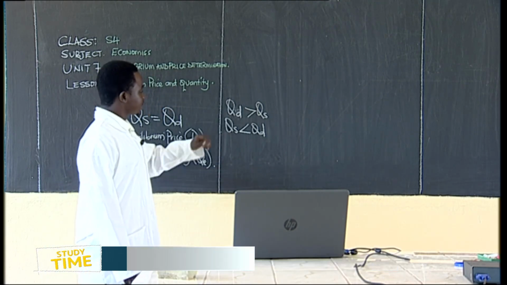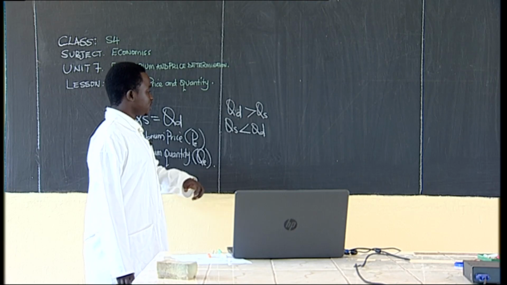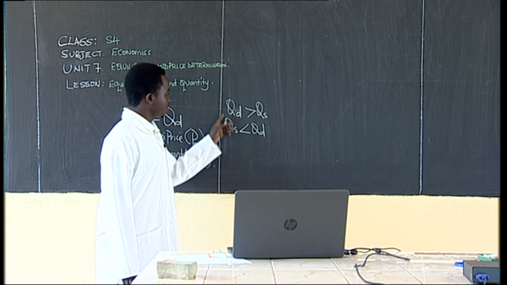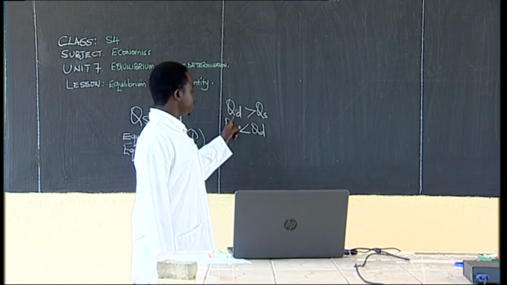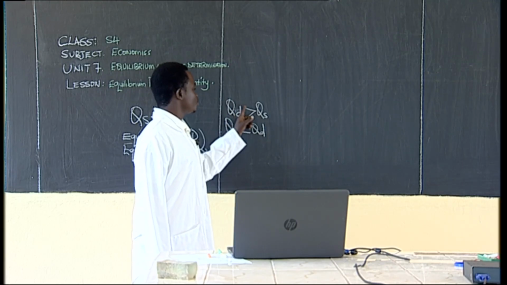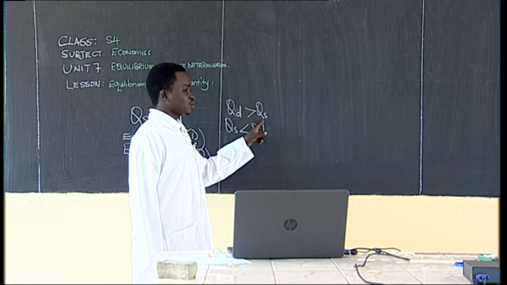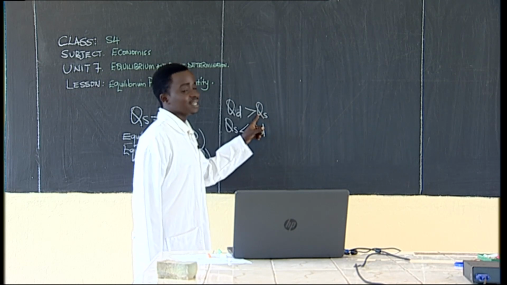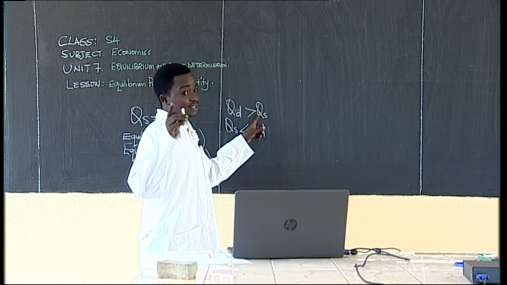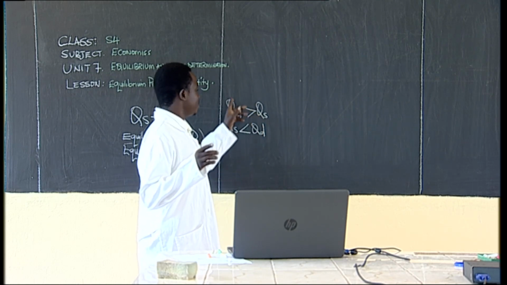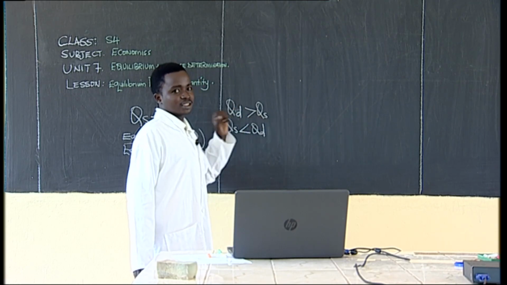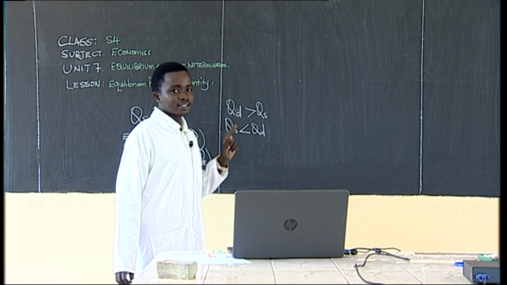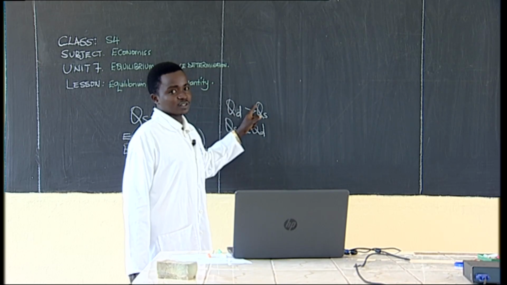Now, let's see what the economic implications are when there is a disequilibrium. If quantity demanded is greater than quantity supplied, what has been brought to the market is less. That means consumers will compete for the few available goods, and this will push prices high because demand is greater than supply.